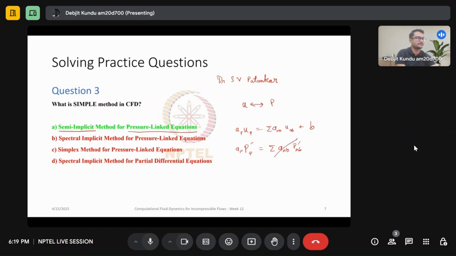So this term is dropped. As a result, this method we can't call fully implicit. It has to be called semi-implicit, right?